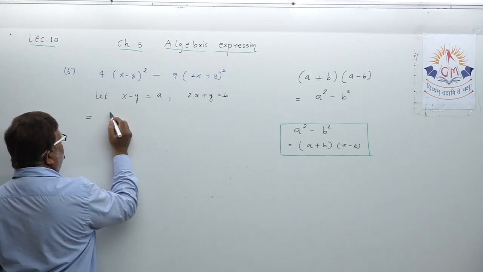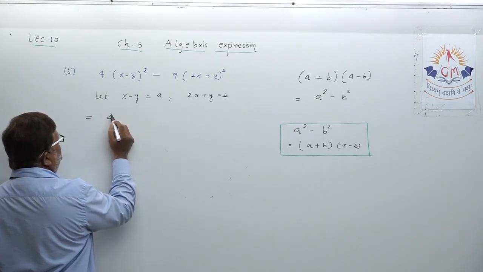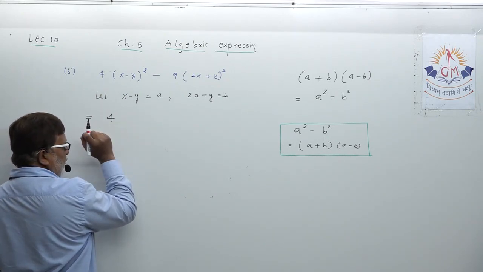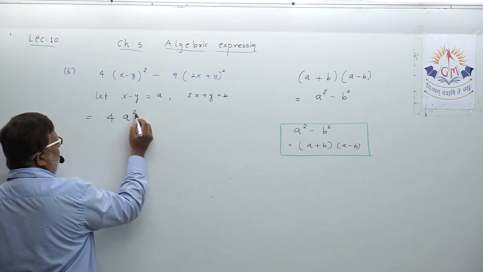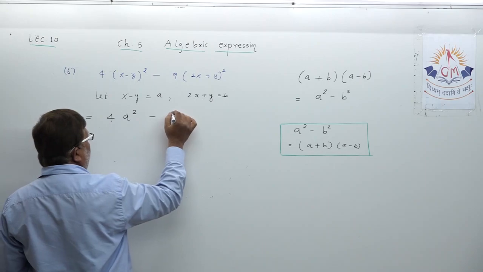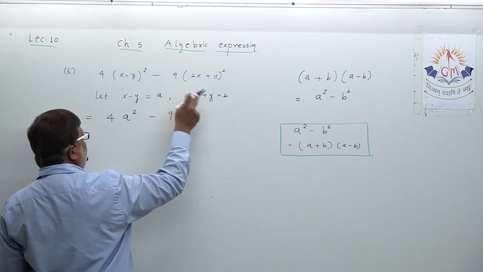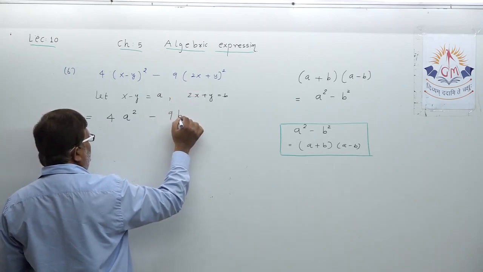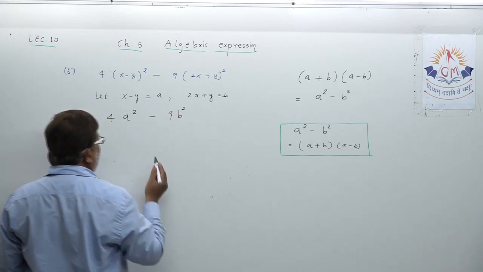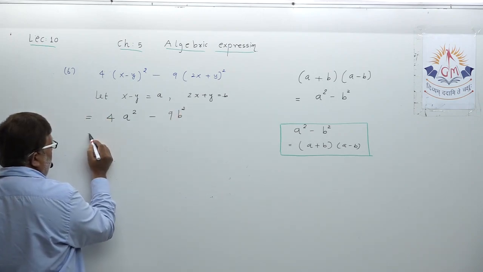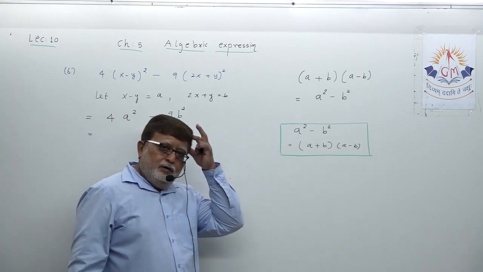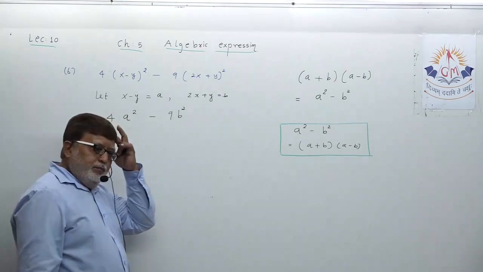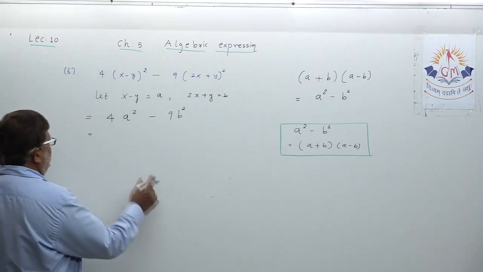Let me write accordingly. 4 instead of x minus y, a, so 4a square, is it clear? 9 instead of 2x plus y, b, so b square. How many terms? 2 terms, negative sign between the terms, both are perfect square terms.